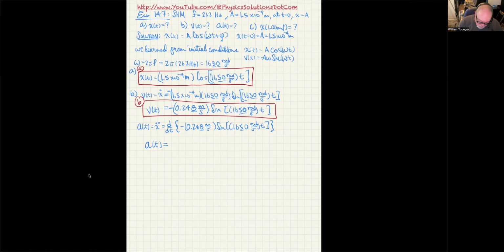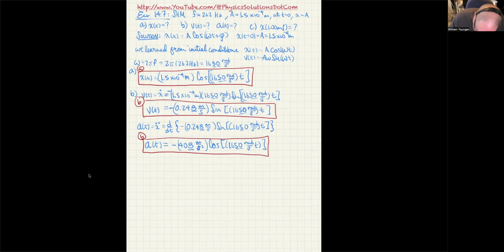So times 1650, that's going to give us negative 408 meters per second squared times cosine of 1650 radians per second times t, like that. And that is our acceleration as a function of time. So I'll box that off, and that also is part of answer B.